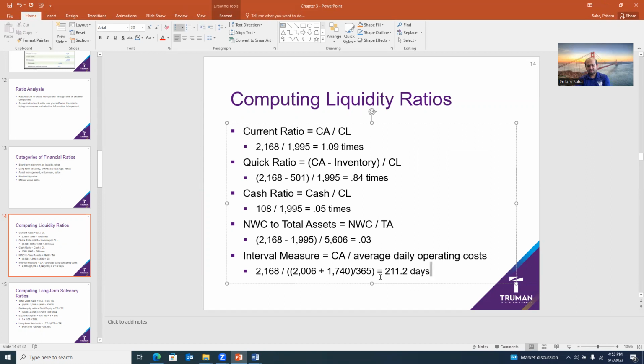These are some other measures of liquidity ratios, and these three are highly used. I already showed you these numbers come from the balance sheet and income statement on this slide.